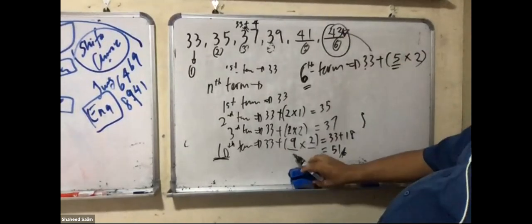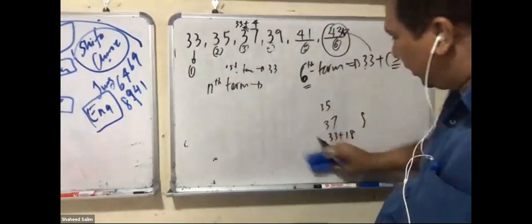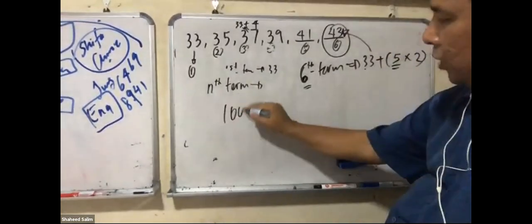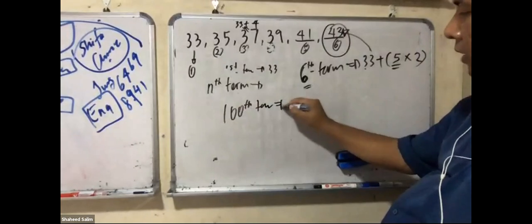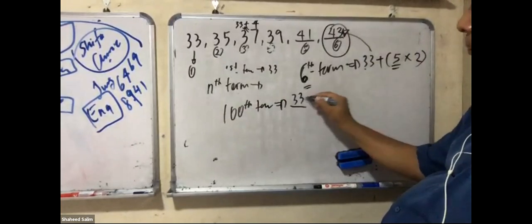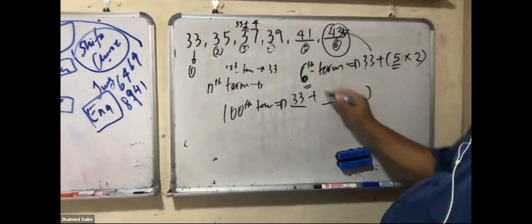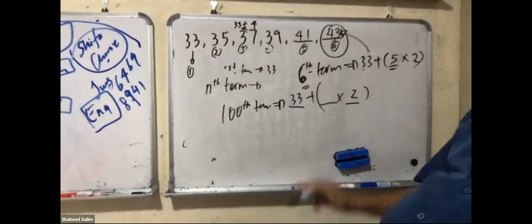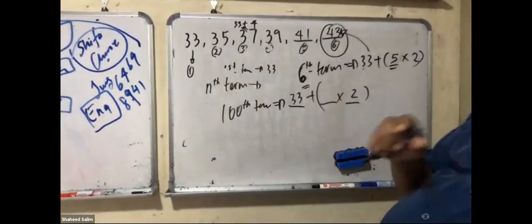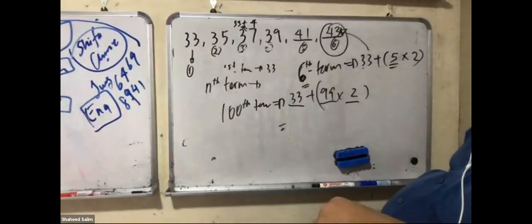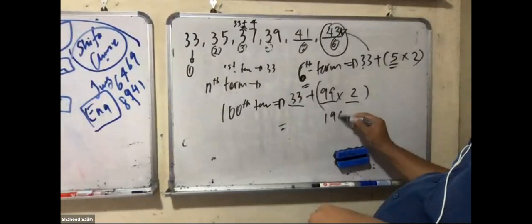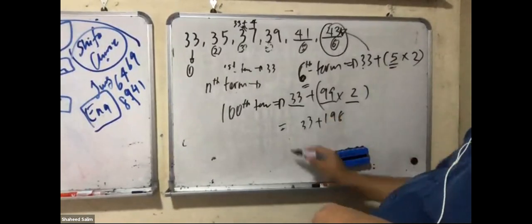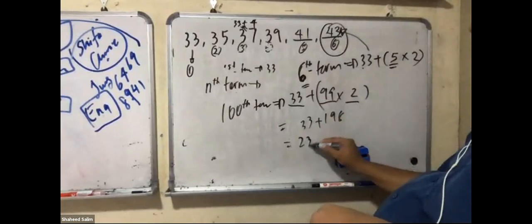So I ask you now, what is the formula for the 100th term? I want to find the 100th term. It equals 33 plus how many times 2? This is the 100th. 99. Good. Then you add together, you get 99 times 2, 198 plus 33, and you get 231.